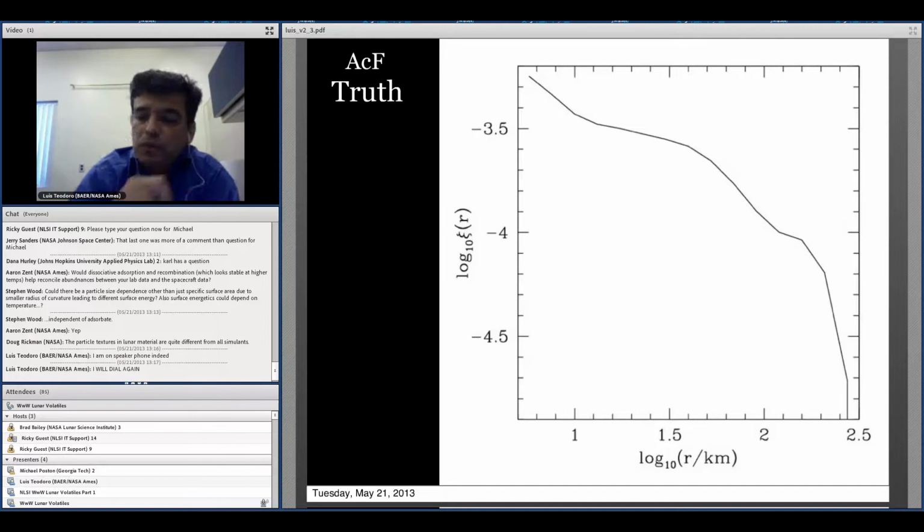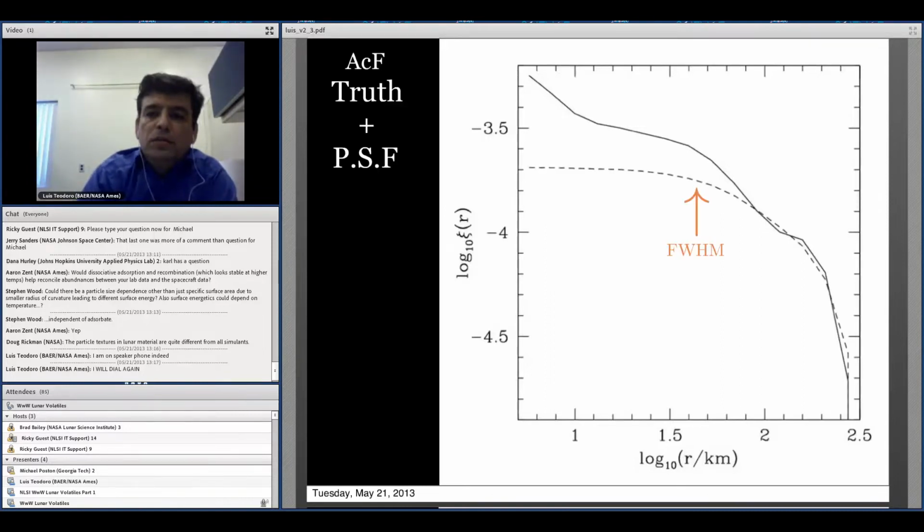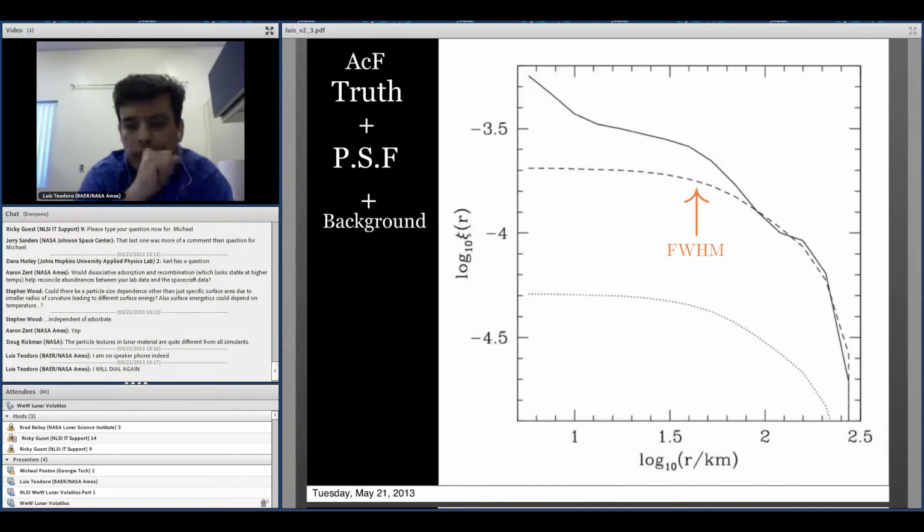For instance, when one introduces a point spread function of 45 kilometers, similar to what Lunar Prospector does, one would see something quite like this. The next step would be to add a background. Rather than changing the autocorrelation function, the amplitude moves downwards.